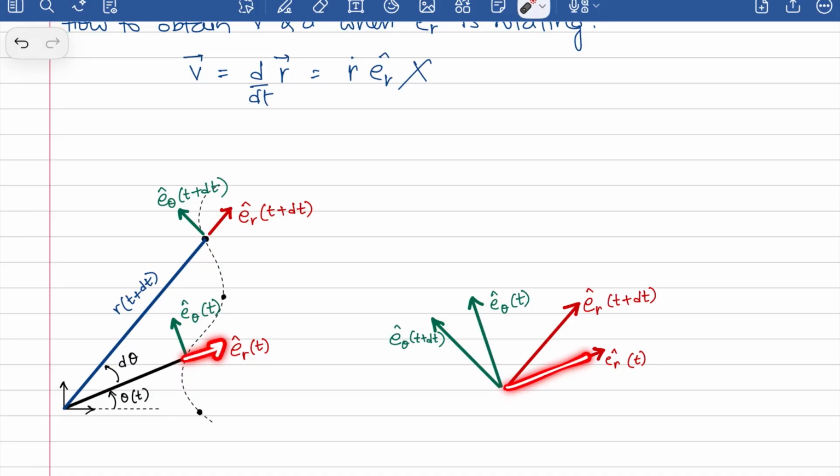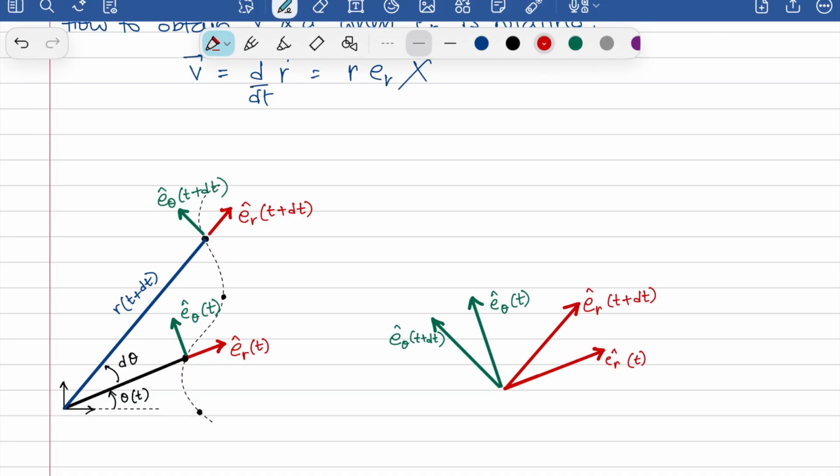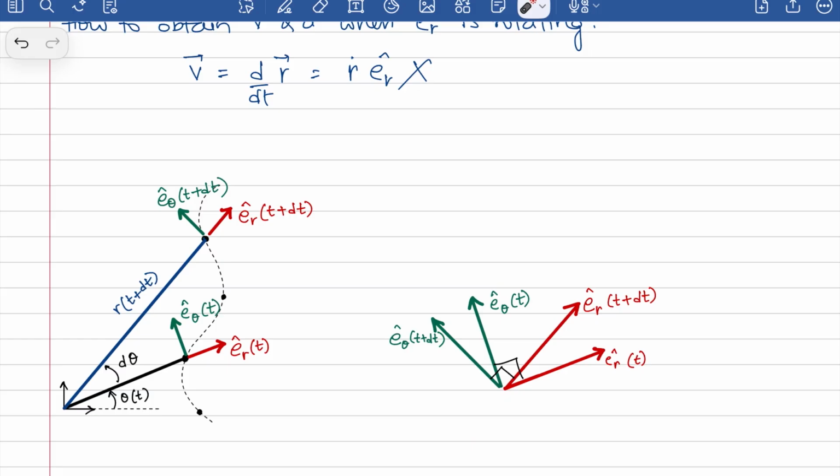This one, expanded it to this. It's like a zoomed in version. Perpendicular to these are the corresponding unit vectors e_theta hat, so that's a transverse direction. So perpendicular to this is e_theta hat at time t plus dt, and perpendicular to this is e_theta hat at time t.